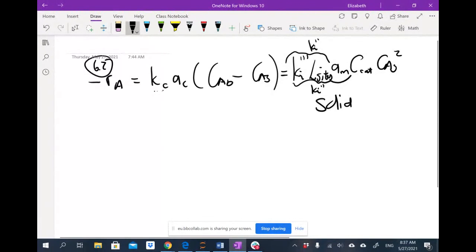So now you were given information at a specific scenario for KI dash, okay? And now you can look at what you've written there and say, okay, if anything there changes, my KI dash, there's just a single dash there, is going to change. So I didn't change the type of catalytically active sites, I didn't change the load.